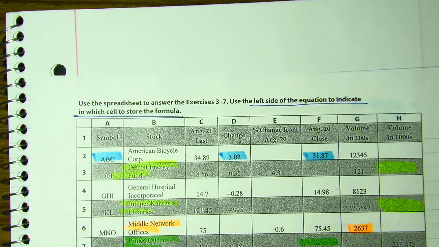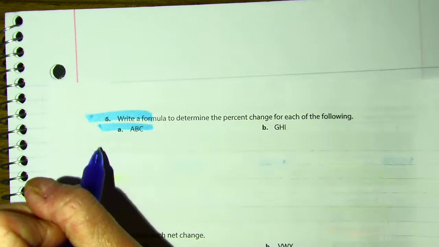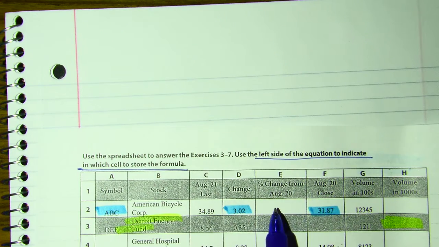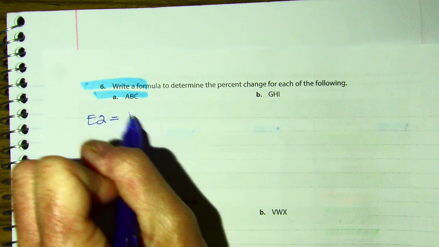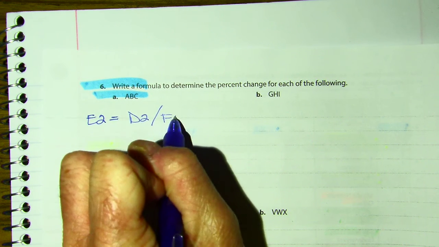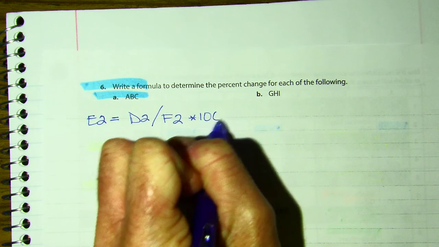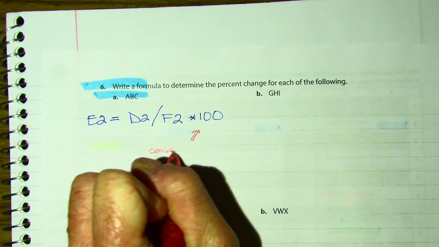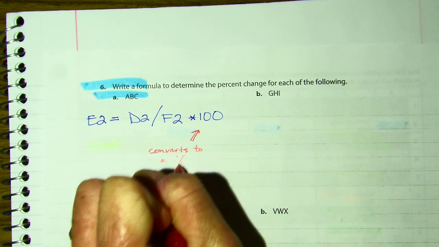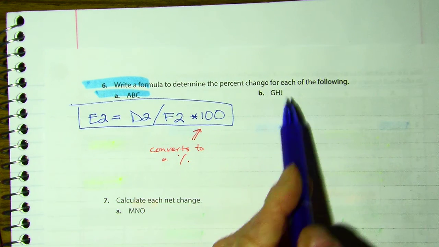What box are we wanting? The destination will be E2 equals D2 divided by F2. But that's going to give me a decimal. In order to make it a percent, I have to times it by 100. So this converts to a percent. But this would be what you would type in for your homework.